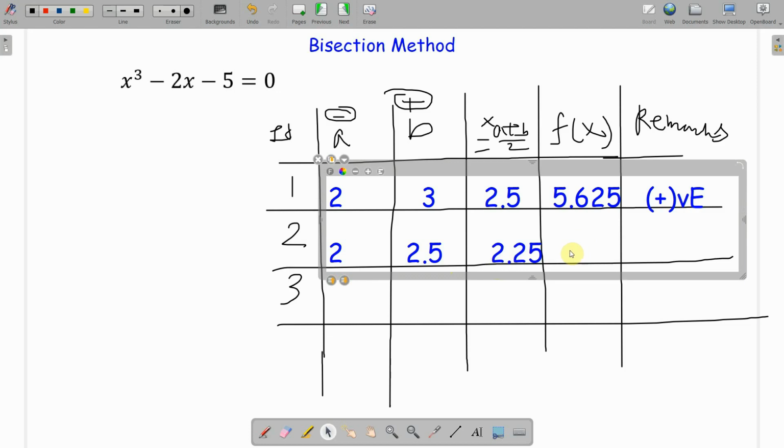Is f(x) coming positive or negative, tell me. Positive, sir. 1.8906, so it's giving you the idea of positive.